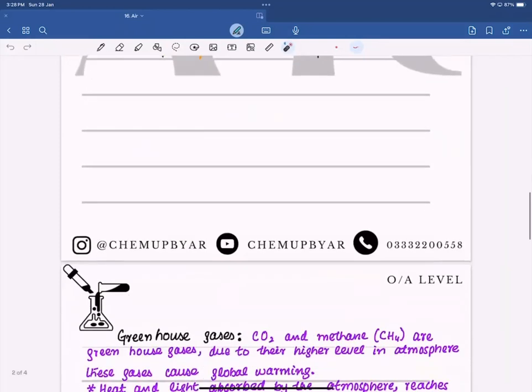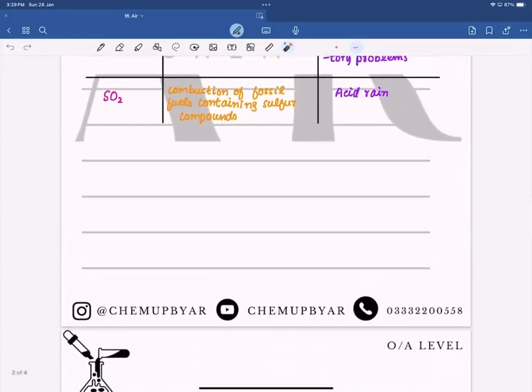Now, greenhouse gases. Why do we call them greenhouse gases? Because they have an effect the same as a greenhouse. What is a greenhouse? Manaya, you don't know what a greenhouse is.